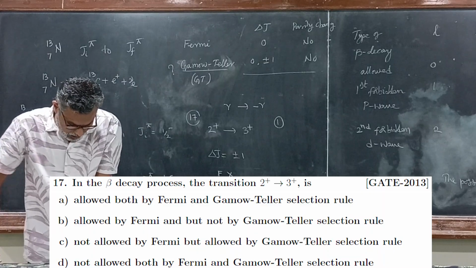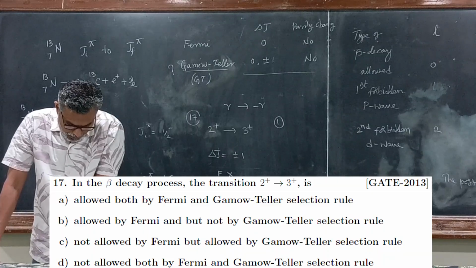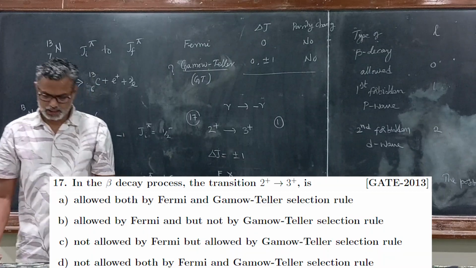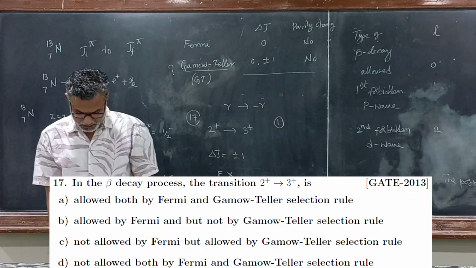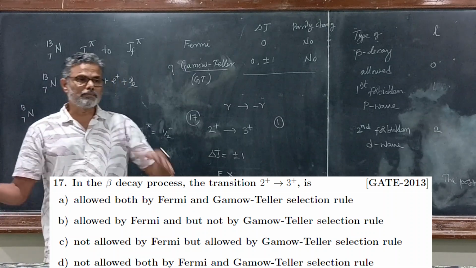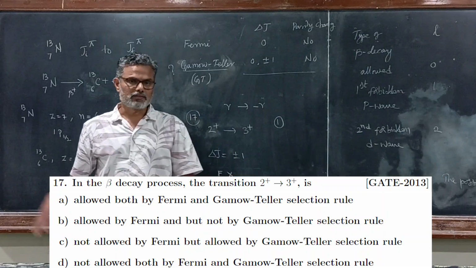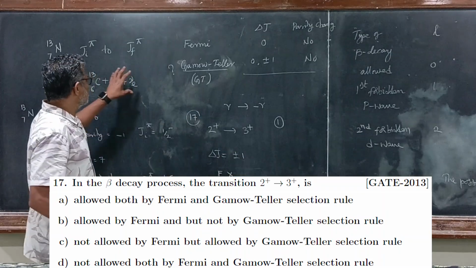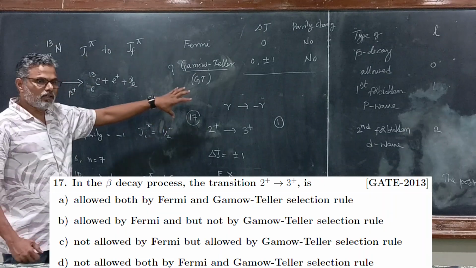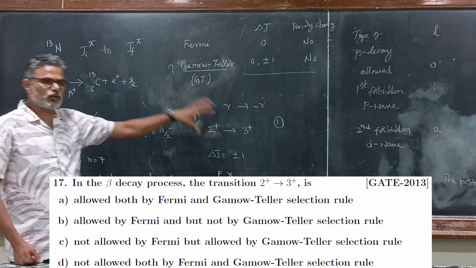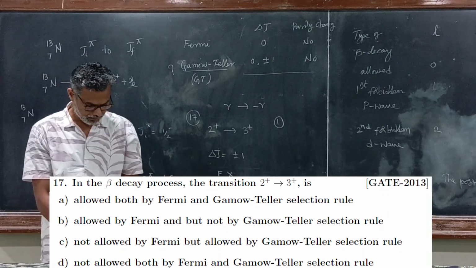Basically, the neutron beta decay process is given in terms of quarks. We will come back a little later. So this beta decay process can be discussed in all three aspects: the nuclear aspect, the nucleon aspect, and the quark aspect.